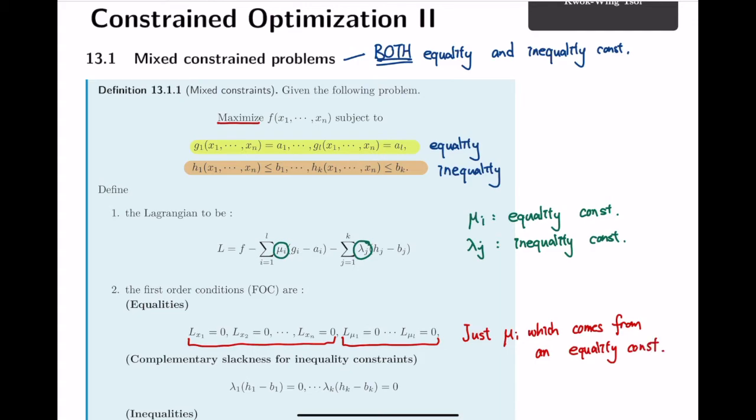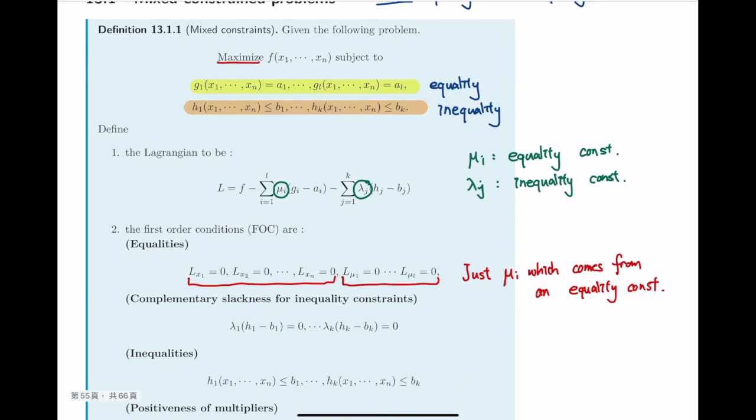But how about the lambdas? The lambdas refer to the Lagrange multipliers of the inequality constraints, and instead of differentiating with respect to those Lagrange multipliers, we replace them by complementary slackness, just for the inequality constraints.